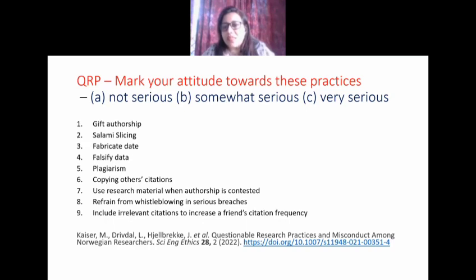I don't know if there is an error, because what I'm seeing here is A stands for not serious. So fabricating, 4, 5, and 7 are not serious is what is mentioned. I do not know if there is an error when you type it out. Yes, I got it. It can't be so. That is fine. Thank you.